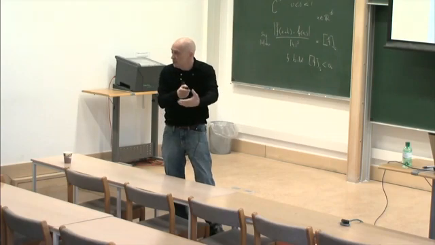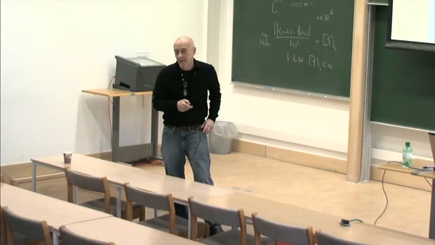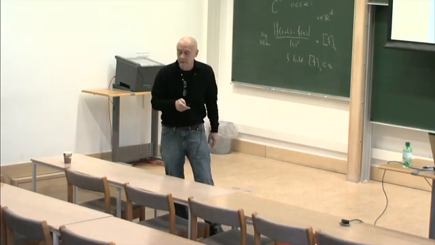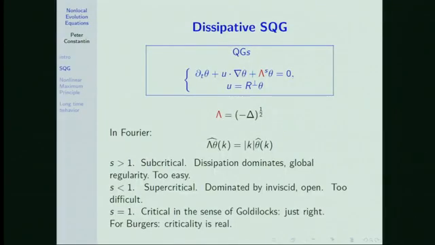So Burgers, which we know forms shocks. Burgers with supercritical dissipation blows up. And with critical is regular. Okay, so that is the heart, the Goldilocks problem, which I'm going to talk about, which is really where the fun is: how come when s equals 1, I can prove global regularity.